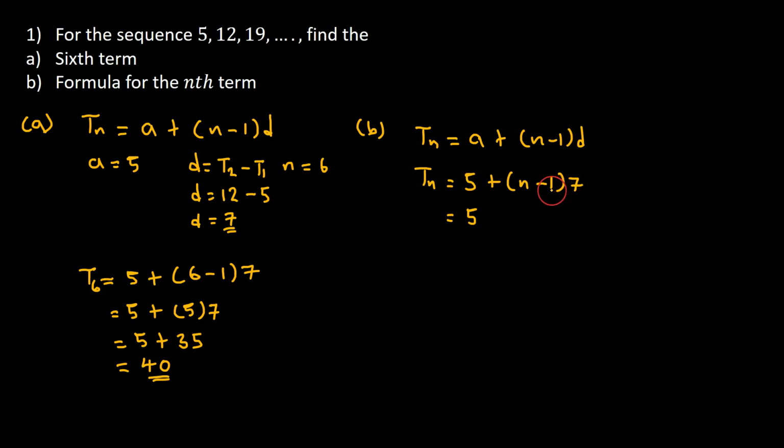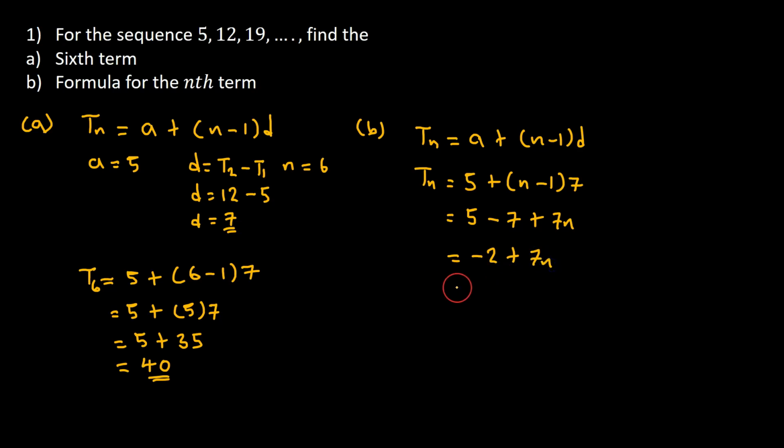So 7 multiplied by -1 gives -7, and 7 multiplied by n is plus 7n. 5 minus 7 gives us -2, plus 7n.